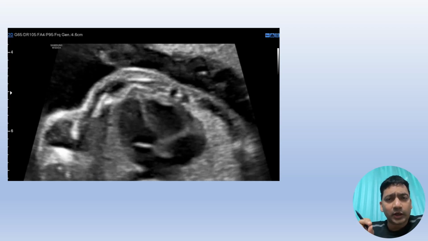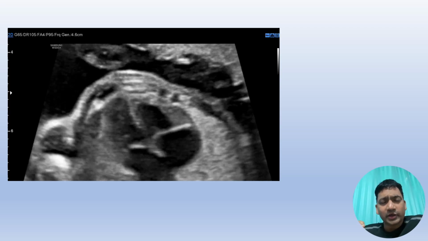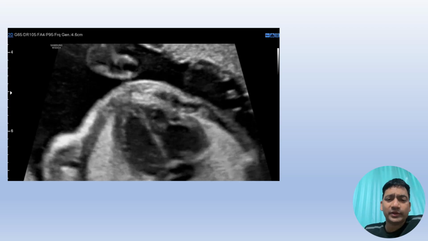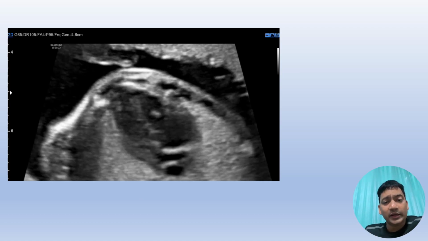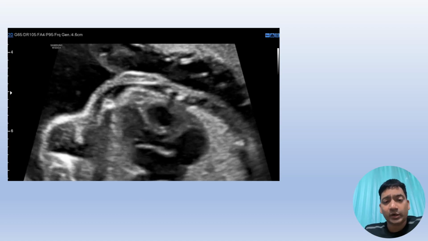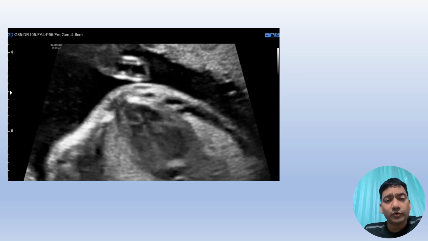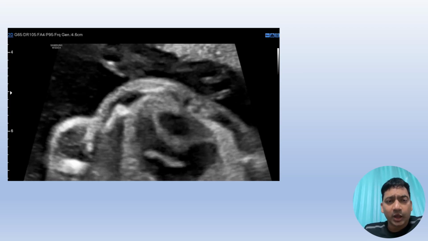And I must say that color Doppler has drastically improved the detection of these VSDs, and use of color Doppler is essential in any kind of fetal heart evaluation, and only then you'll be able to detect most of the muscular VSDs.